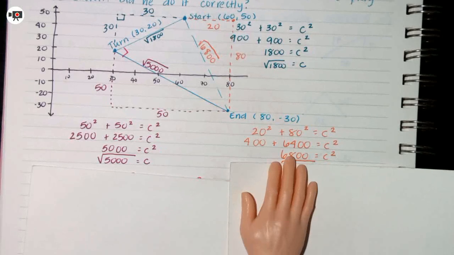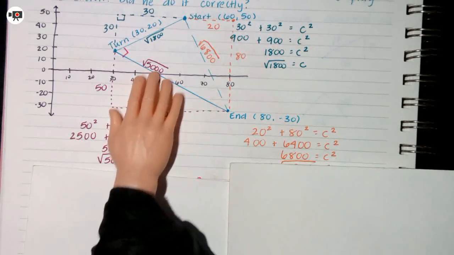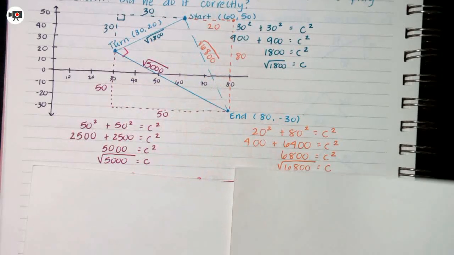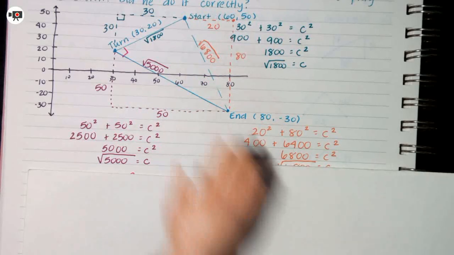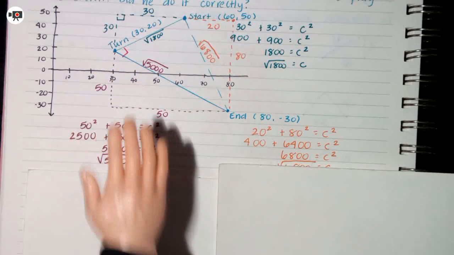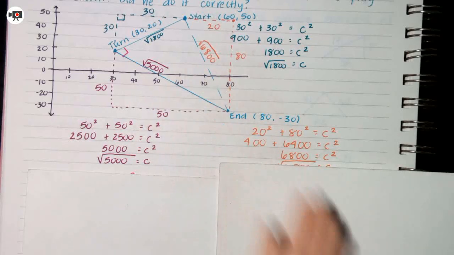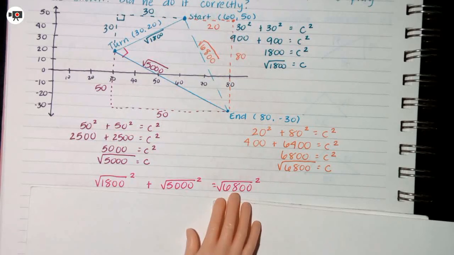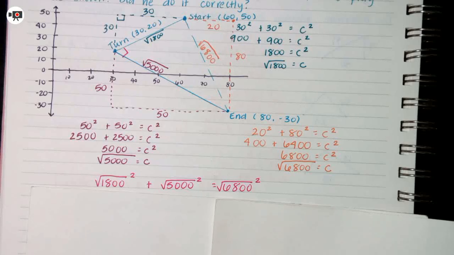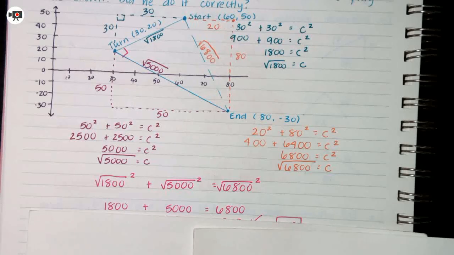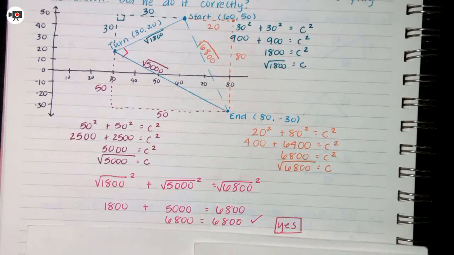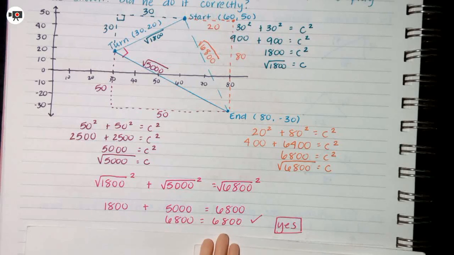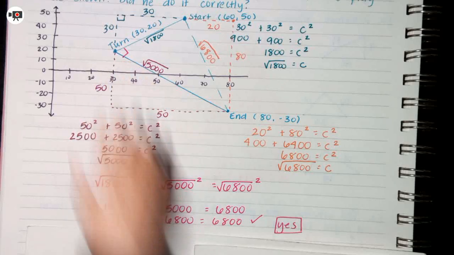Now I have all three side lengths: square root of 5,000, square root of 1,800, square root of 6,800. And since they're all square roots, the largest number I have is 6,800. So that one's going to go by itself on the right side of the equal sign. And squares and square roots cancel out. So then I get 1,800 plus 5,000 is 6,800 equals 6,800. So yes, this is a right triangle. He did run the play correctly and turn at a 90-degree angle.